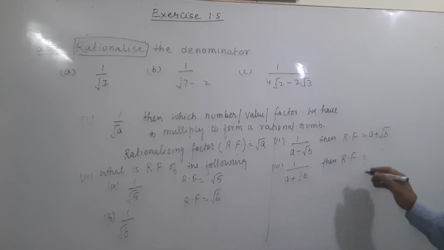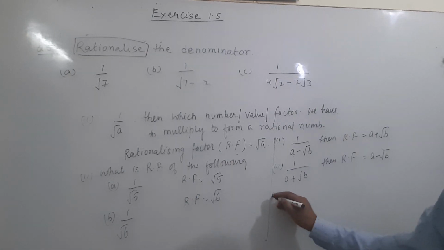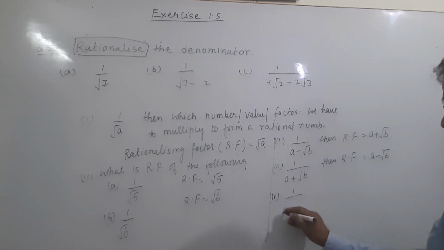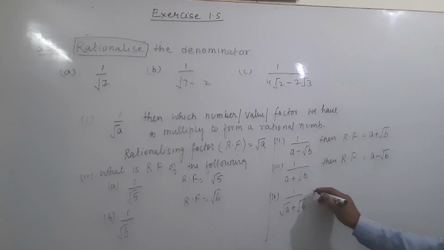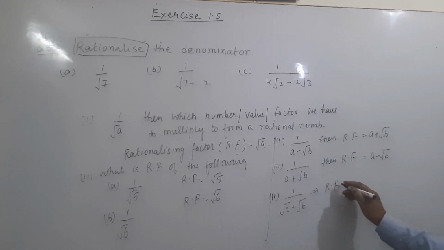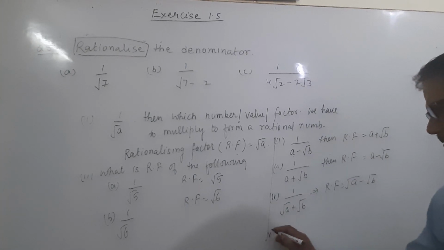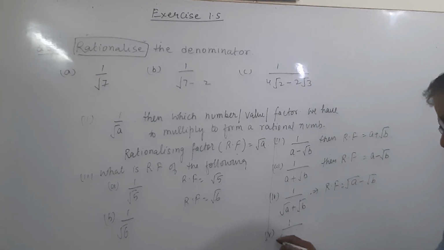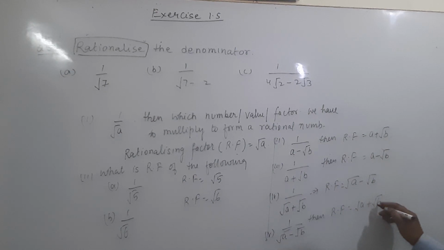Here it is plus, so we change the sign: a minus root b. And fourth: 1 upon root a plus root b. Then RF is root a minus root b. If it is minus, 1 upon root a minus root b, then RF is equal to root a plus root b.